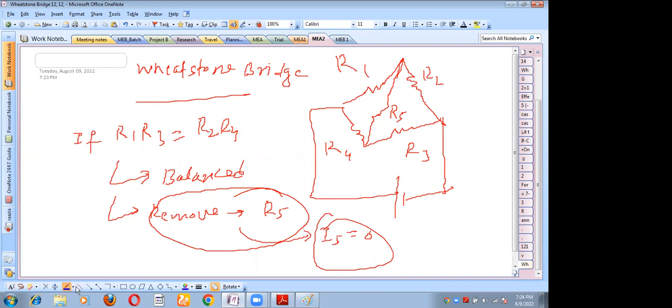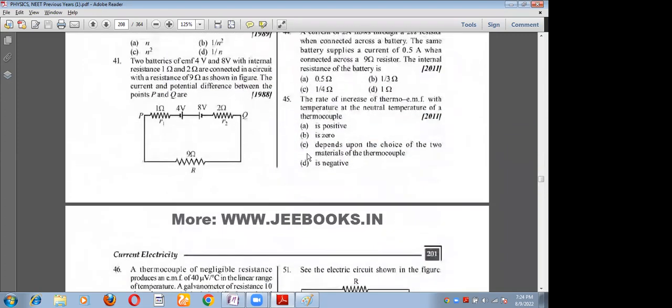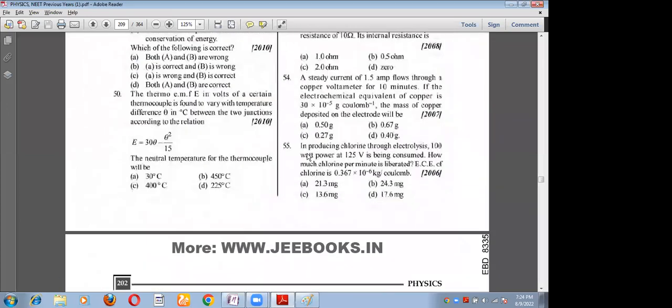So you'll also see some questions based on this one. Based on that, first we will do some questions based on the Wheatstone bridge concept.